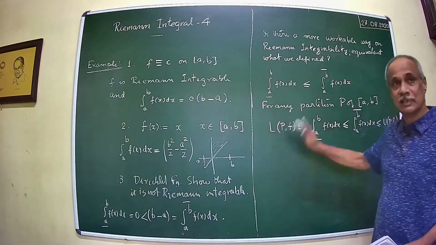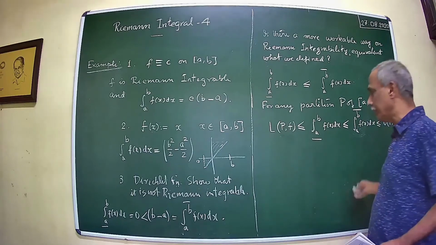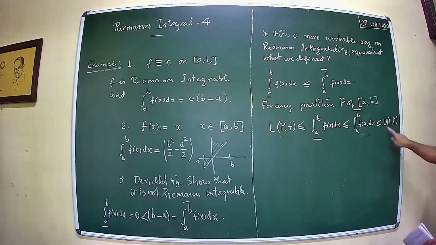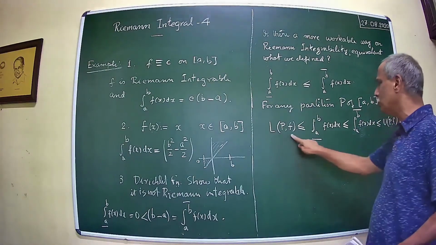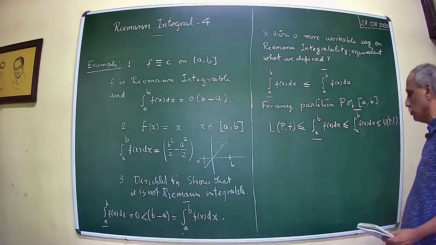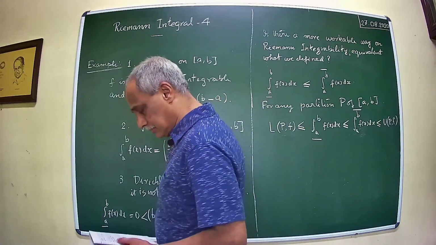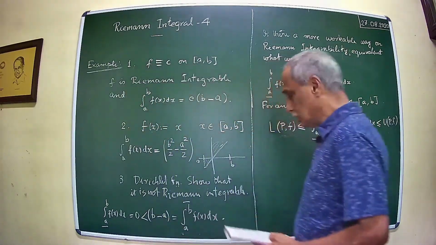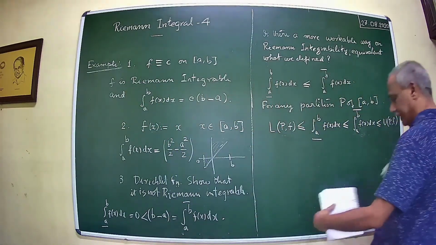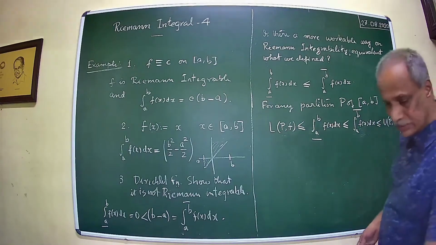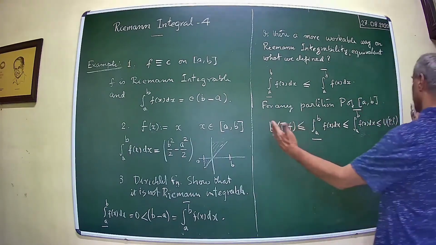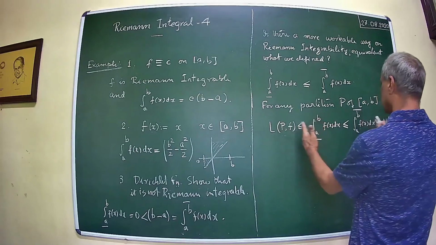It is just the area of rectangles summing up. So that is much easier to work on. Therefore, if you can reduce to some conditions on L(P, f) and U(P, f), then you get a better criterion.